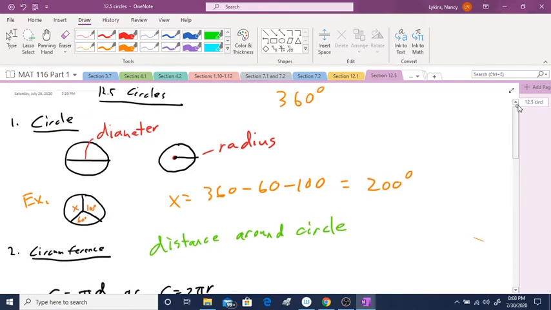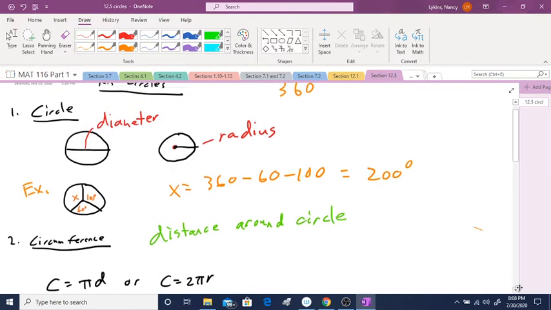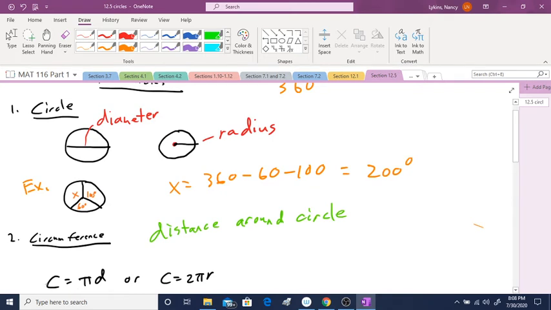Here are the two formulas you can use. You can use C as circumference. So circumference is pi times diameter, or it can be 2 pi times radius. So if you're given the diameter, you can just multiply by pi to find the circumference. If you know the radius, you can just take it times pi and then multiply it by 2.